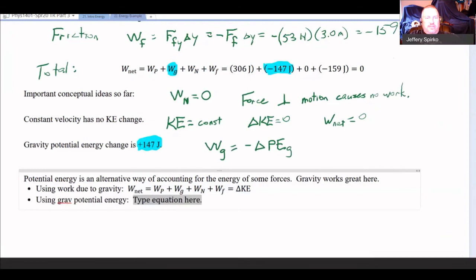What does this look like if we count gravity's energy as energy instead of work? Then it's called non-conservative work, and the pushing force would count. Normal force doesn't do anything, but it kind of counts. And the work due to friction counts, and that is equal to delta KE plus delta PE.